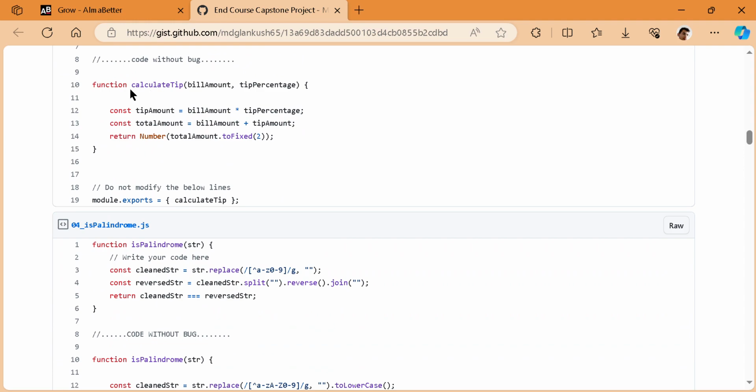Here is our code. Tip amount equals bill amount into tip percentage. Then the total amount is bill amount plus tip amount, and now we are returning the total amount with two digits after the decimal.